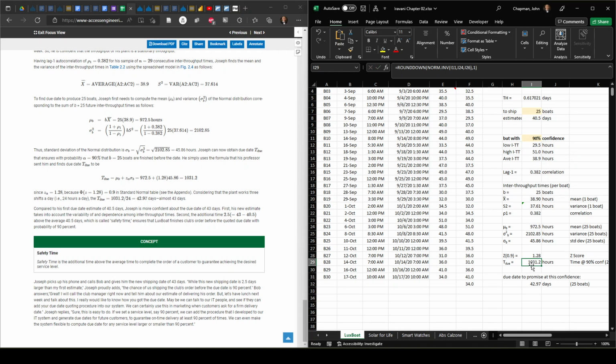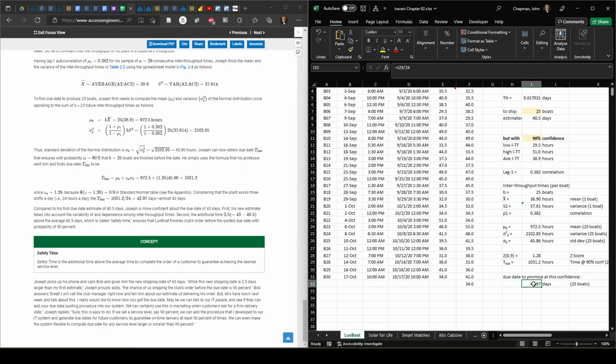And that's going to give us 1,031.2 hours. And that comes out to 42.97 days. So if the original was 40.5 days as the average, when we include a 90% confidence, that gets us to 42.97, about 43 days with a 90% confidence level.